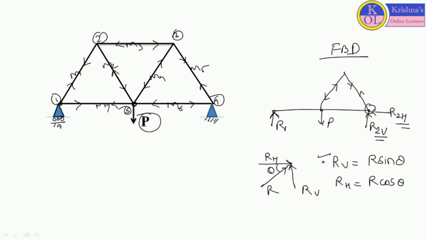So here RV and RH we can define with the help of resolution of forces. So here we will apply all the concepts which we have seen in free body diagram. We will apply resolution of forces, we will apply the concept of free body diagram, as well as we will apply conditions of equilibrium to define whether the truss is statically determinate or not.